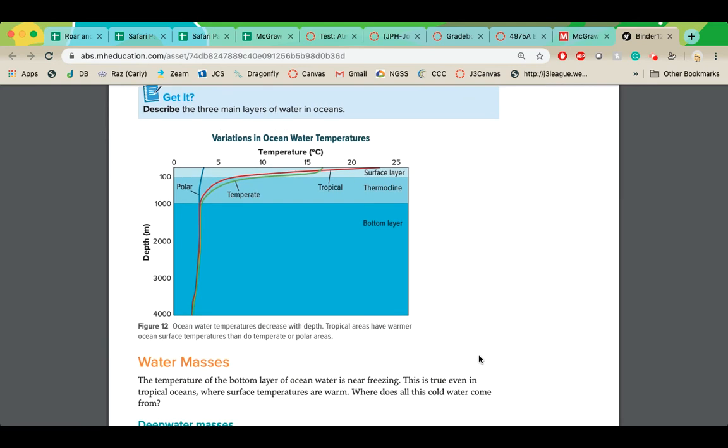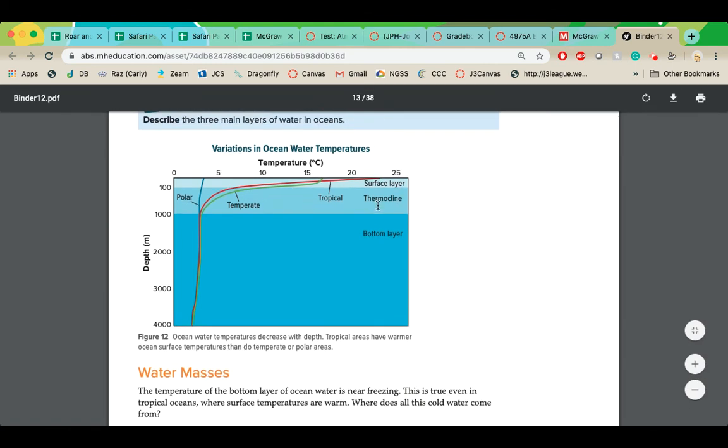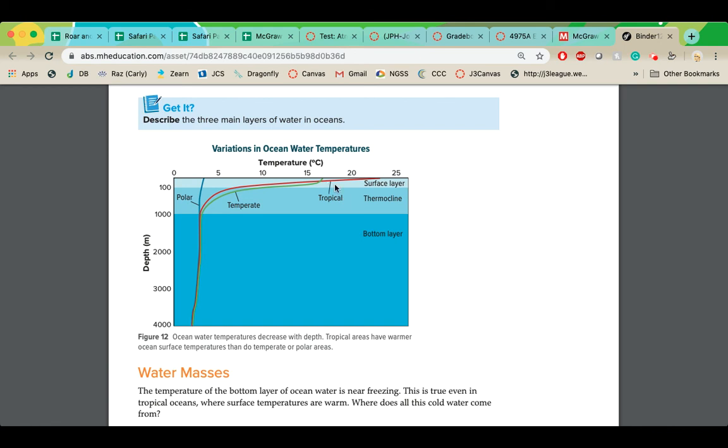But anyways, in the water there are different temperatures, and I believe one of the questions in the back of the chapter asks you about this. About 0 to 100 meters is the surface layer temperature of water. Underneath that, 100 to 1,000 is a thermocline. That's like a transition, but you literally can feel when you go through the thermocline, there's a sudden temperature difference, and you can go up a couple feet, totally warm, down a couple feet, freezing cold.